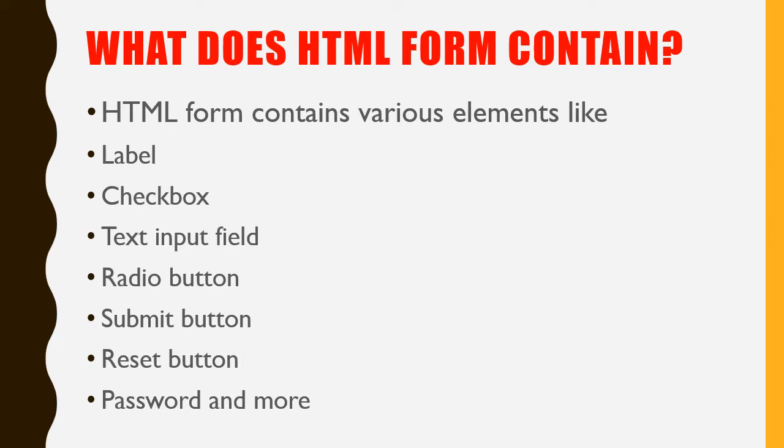Checkbox allows us to select multiple options at a time. Text input accepts one line at a time, for example, inserting a name or remarks of one line. Radio button allows us to select one option at a time.